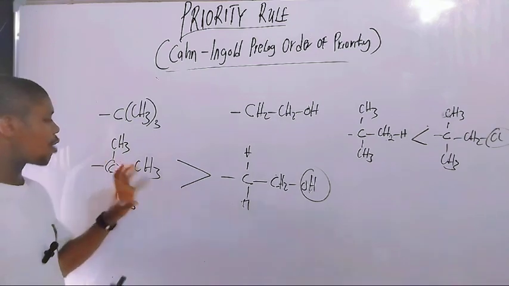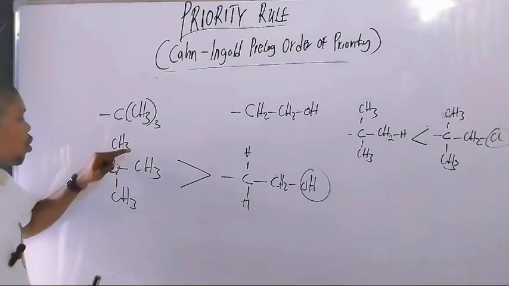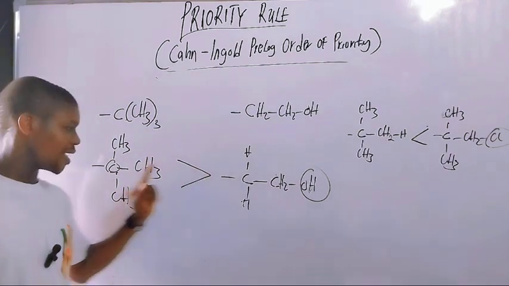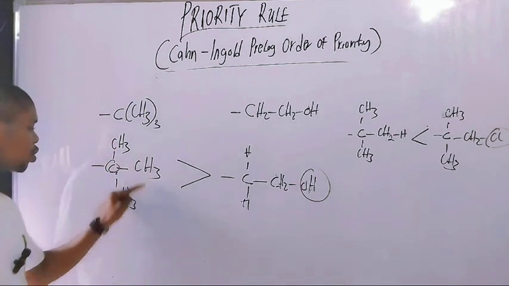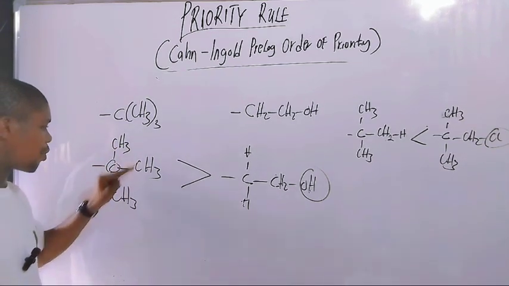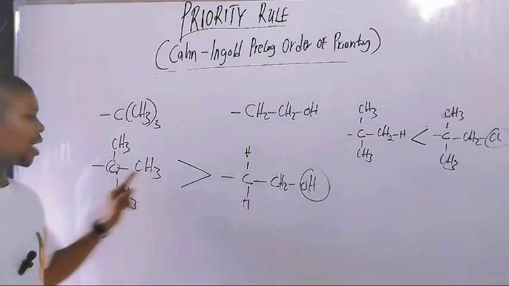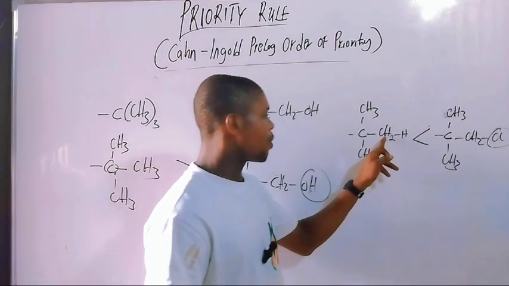So when you are comparing molecules here, check all the atoms that are directly attached before proceeding further. Do you understand? So when you check the atom that is directly attached to this carbon, carbon, hydrogen, of course this one will attract this.